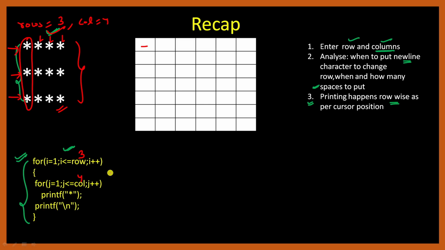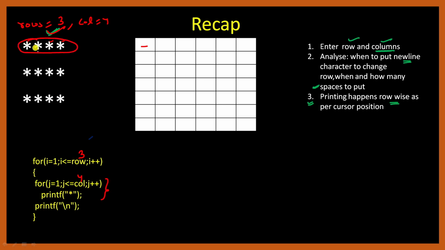So now let's see how we can print our pattern based on some modification in this code. We saw in our previous video that this particular part, this inner for loop, was helping us to print a particular row. If you want to print this row, or any row, this was the general code, right?